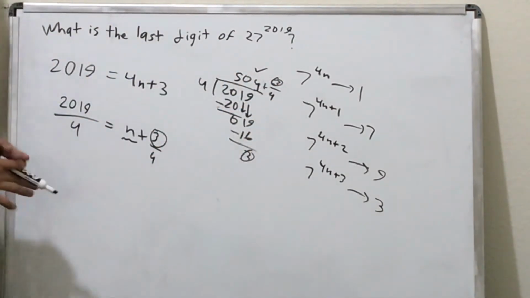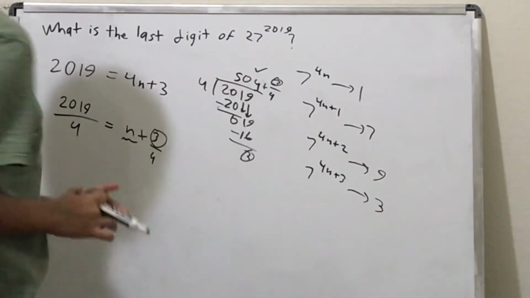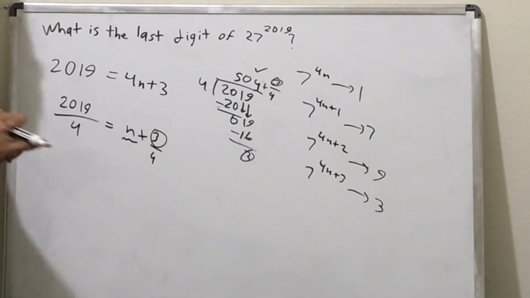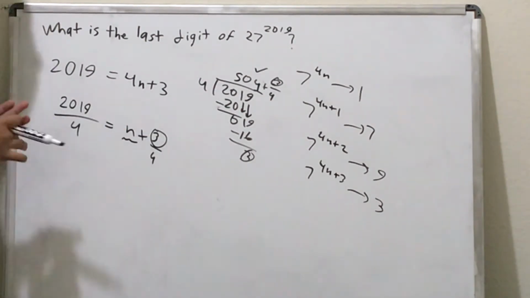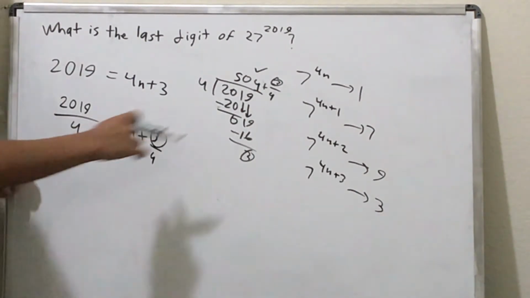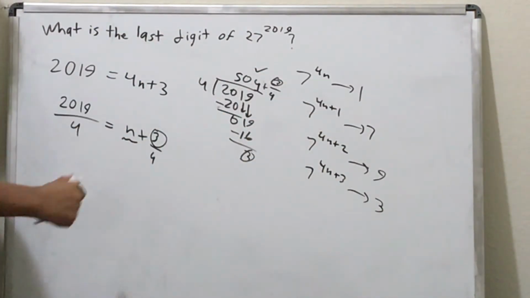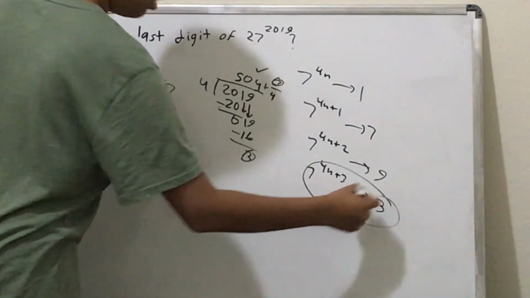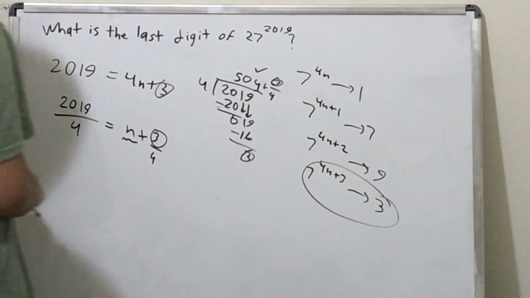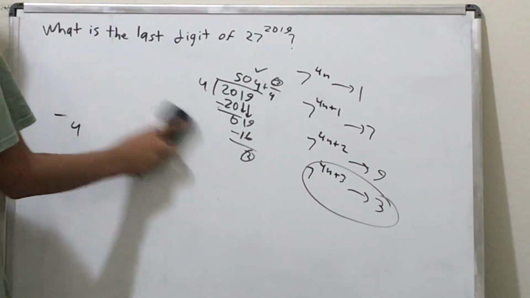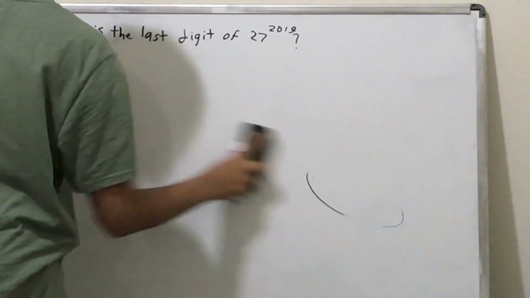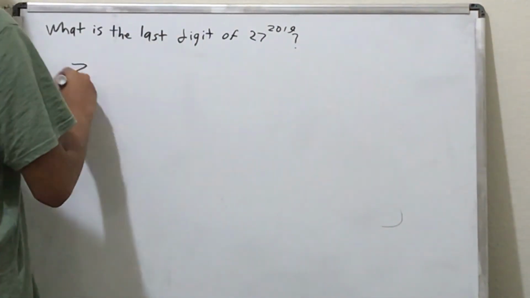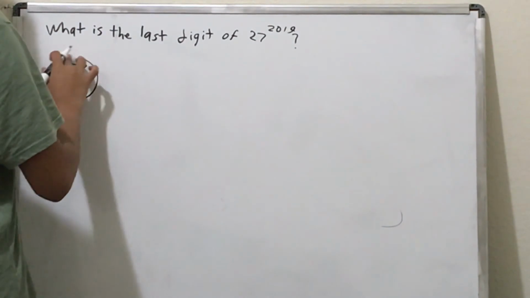When you divide 2019 by 4, the remainder is 3, and that means 2019 is of the form 4n plus 3, where n is an integer. We sort of lucked out, and you don't have to check 4n plus 1. We know 3 is right, so this is our correspondence, and that means the last digit is in fact going to be 3. So we can write that down and then be happy.